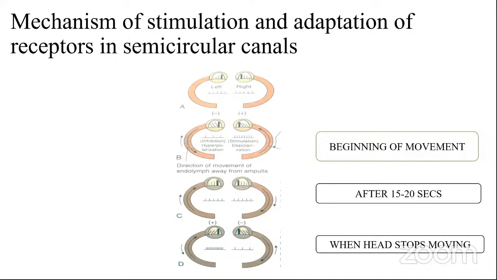Then after 15 to 20 seconds, you can see the reversal of the movement of endolymph on left side. Then when the head stops moving, the same direction, that is towards the ampulla.